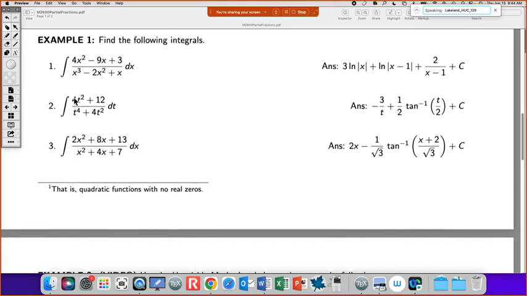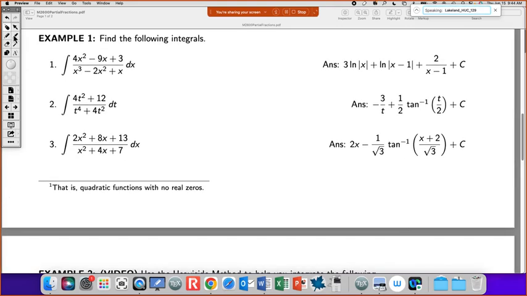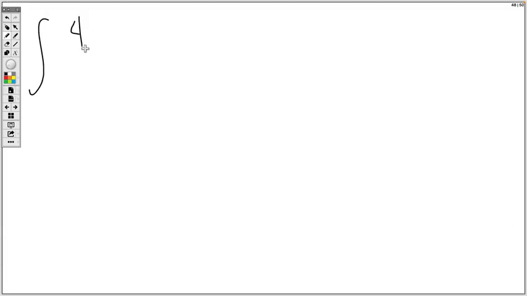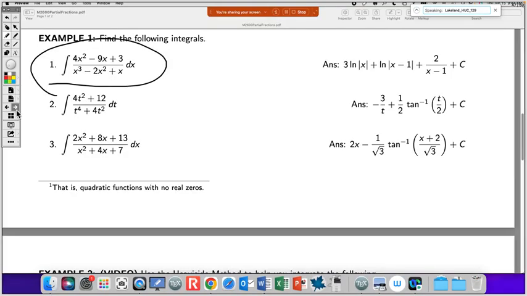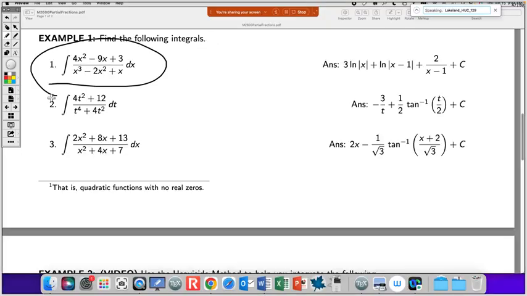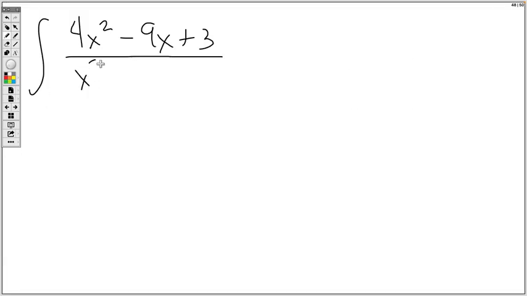So let's talk about how we go through these things. We got our first example here. Got a nice rational function: 4x squared minus 9x plus 3 over x cubed minus 2x squared plus x dx.